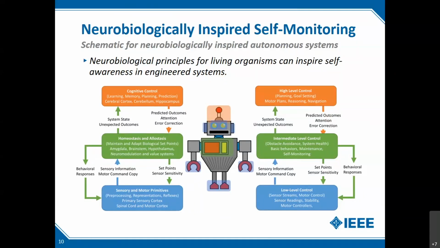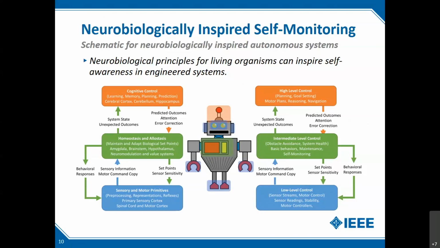I'll go through each level briefly, but at the lowest level, you have lots of sensory motor information, and I want to point you to some of these arrows. The sensory information goes up to an intermediate level, which provides, like Bernard said, anomalies in unexpected outcomes and system state.